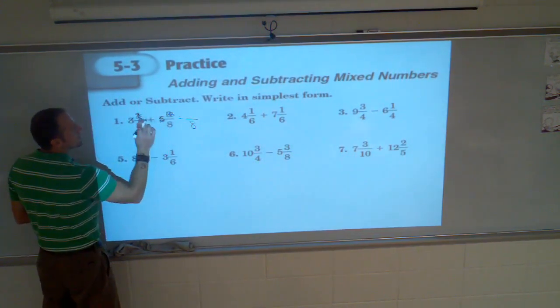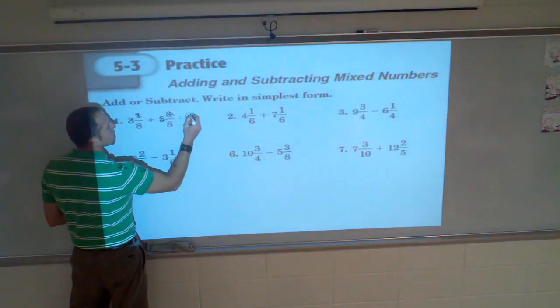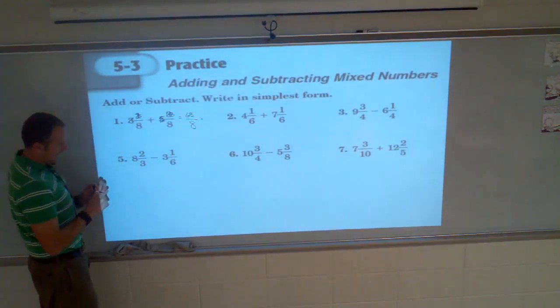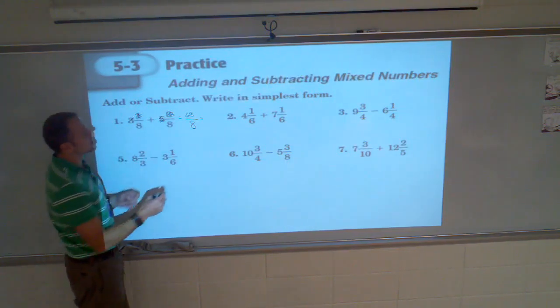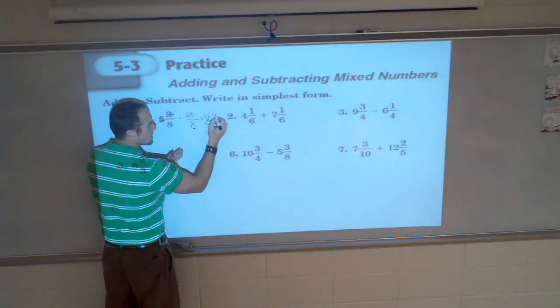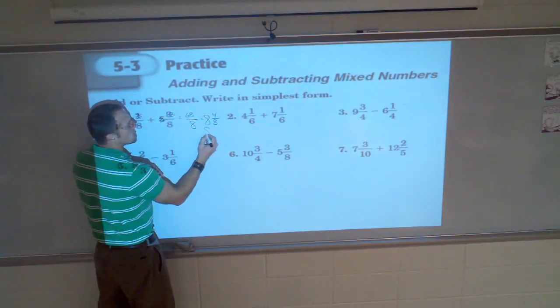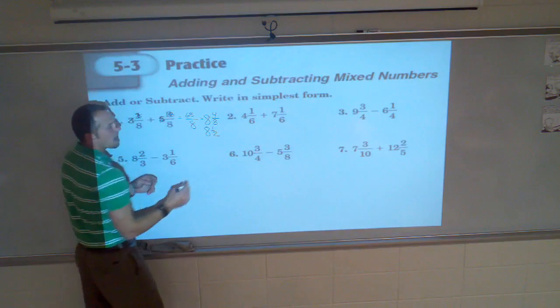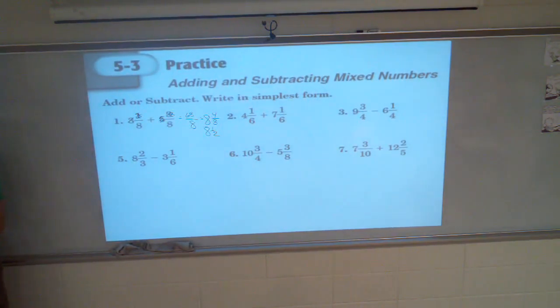Bottom the same, just add the top. Now reduce this. 8 goes into 68, 8 times. There's 4 left out of 8. This will reduce to 8 and 1/2. And that's how I used to teach it.